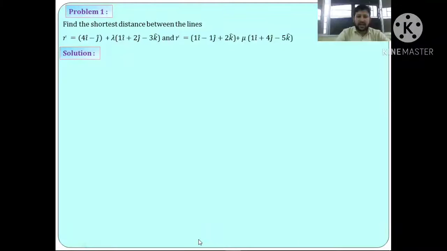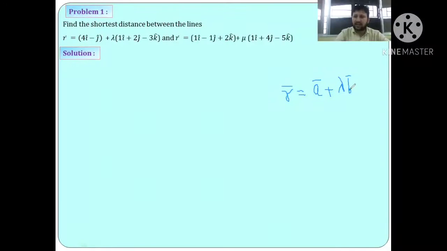Equations of lines are given in vector form. Generally, the vector form for a line is expressed as r bar is equal to a bar plus lambda times b bar, where lambda is a scalar, a bar is the position vector of a given point and b bar is a parallel vector.